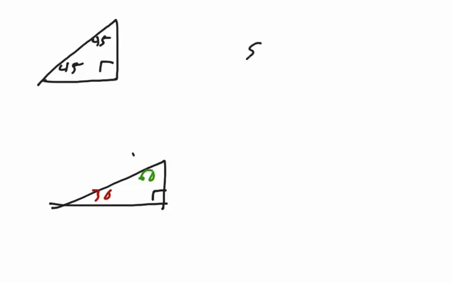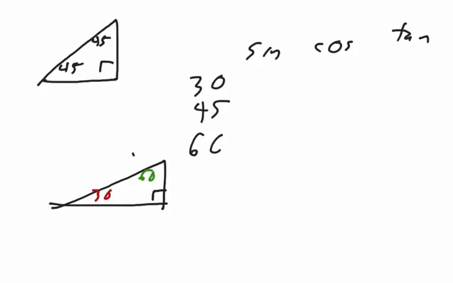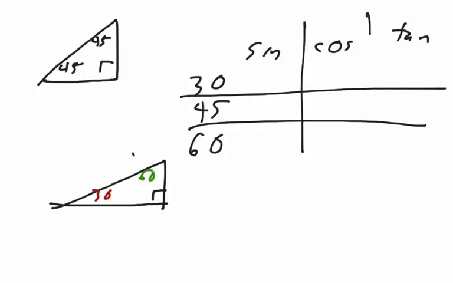Alright, so the important ones to remember are the ones that come from the special triangles of geometry, which are 30, 45, and 60.